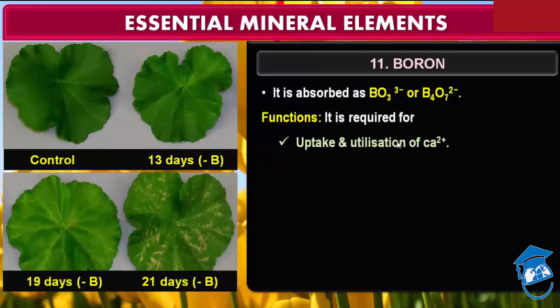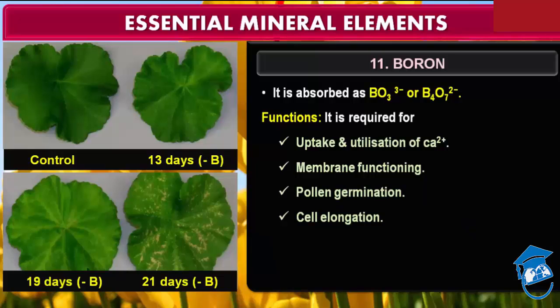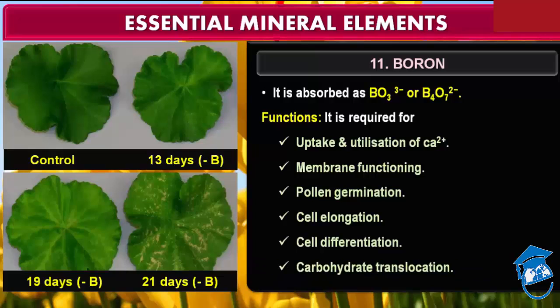It is also helpful in membrane functioning, pollen germination, cell elongation, cell differentiation and carbohydrate translocation. So this is a plant leaf with sufficient boron, and this is the plant leaf with the deficiency of boron.